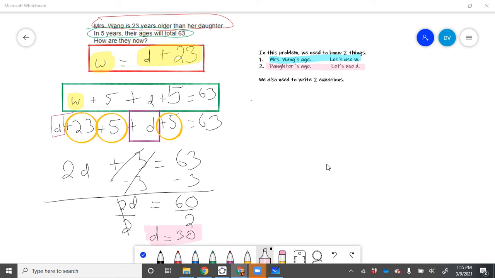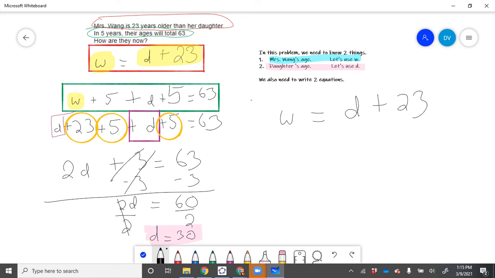If we use the red box, it's a little bit shorter, probably a little bit easier. And so I'm going to write what's in the red box. W equals, is what I meant to write. W equals D plus 23.